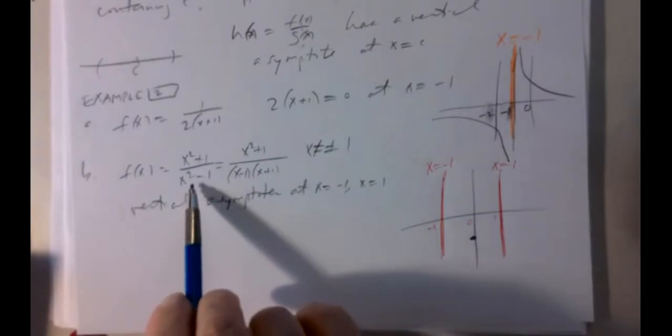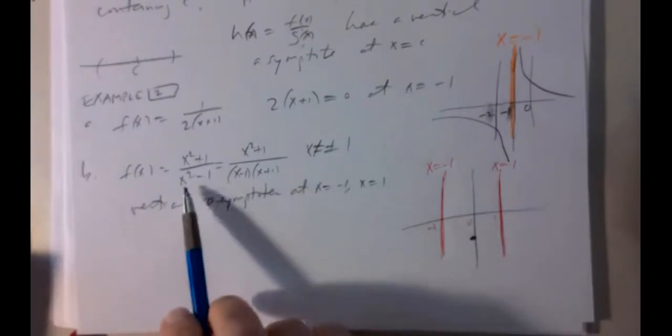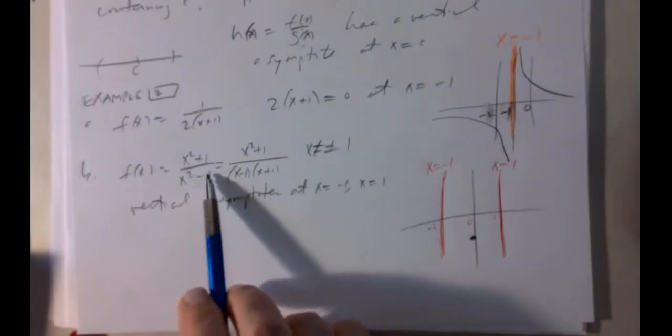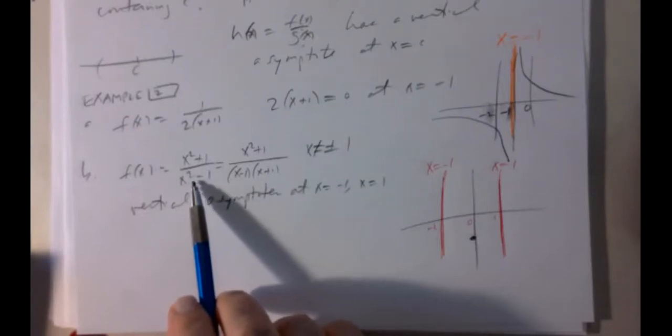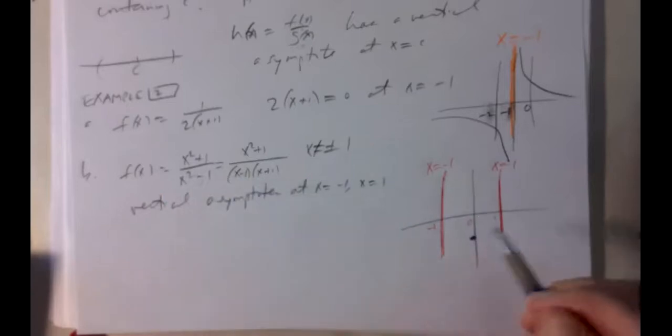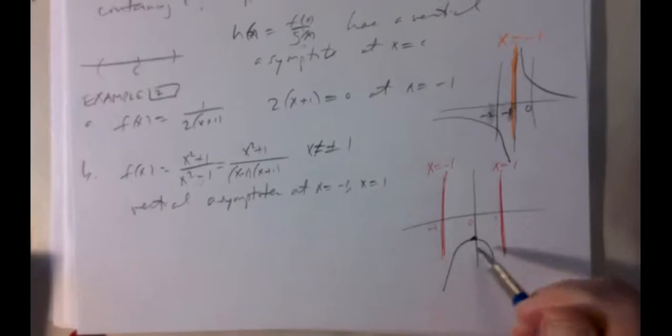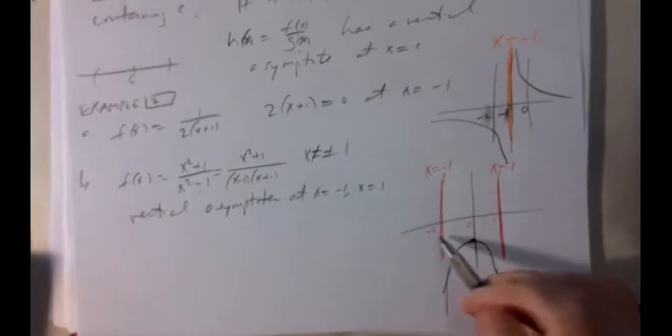The numerator, x squared plus 1, is always positive. If x is between minus 1 and plus 1, x squared is less than 1, so the denominator is negative. The denominator is going to 0 as x approaches 1, but it's negative. So this function is going to look like this. It's going to minus infinity as you approach plus or minus 1 from inside.